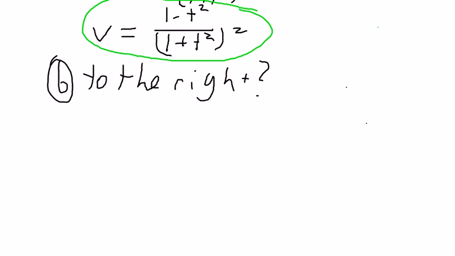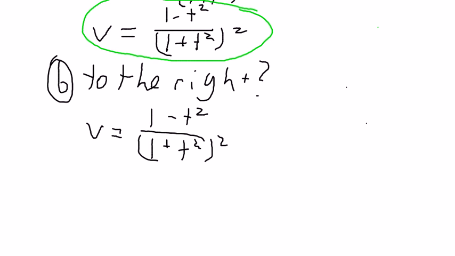We know that velocity equals 1 minus t squared over 1 plus t squared squared. And if we graph that, it's going to look something like that. Not right, it's not straight at all.